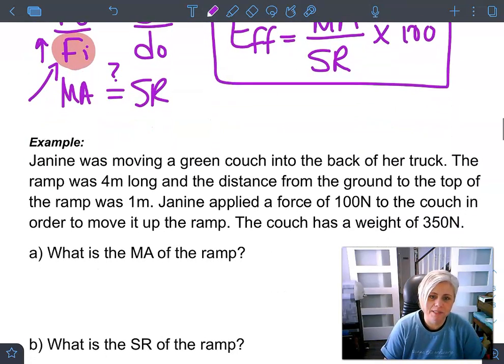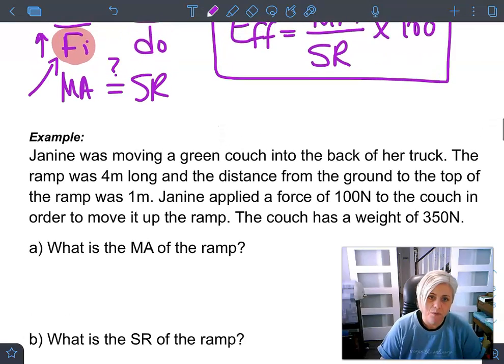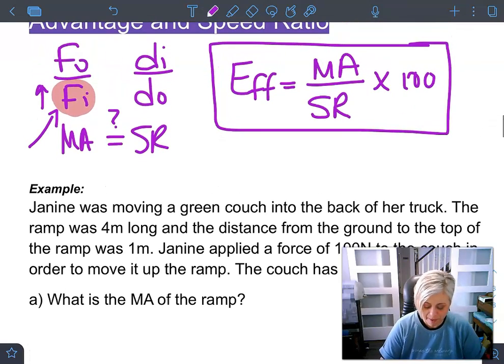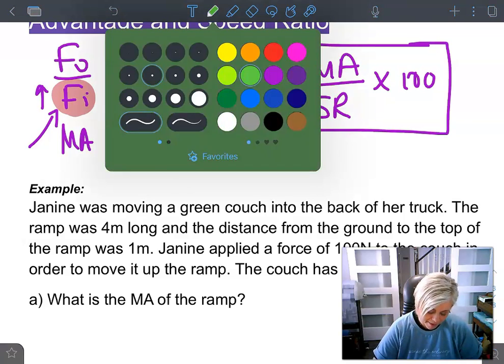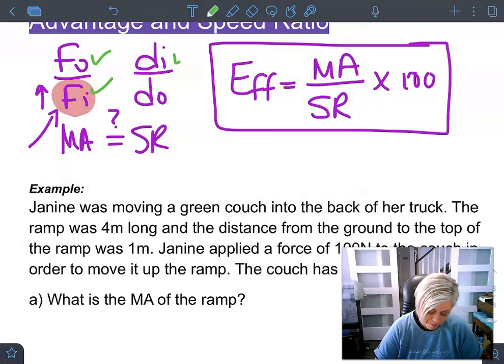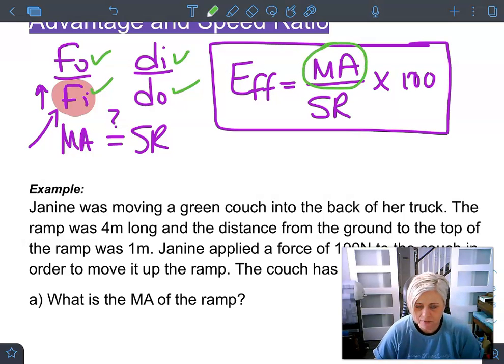All right, so let's do a sample calculation. If we're comparing force input, force output, distance input, and distance output, that means that in order to calculate the efficiency, you may need to solve mechanical advantage and then speed ratio first.